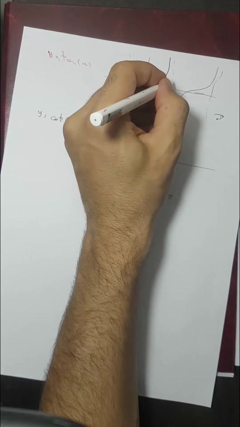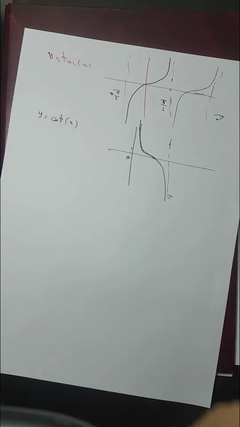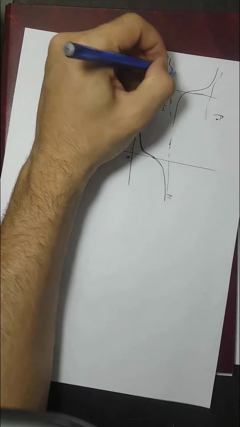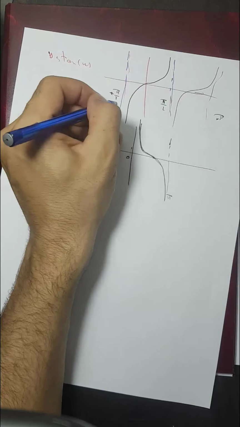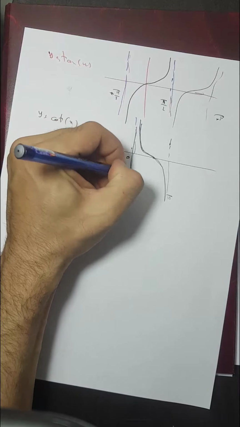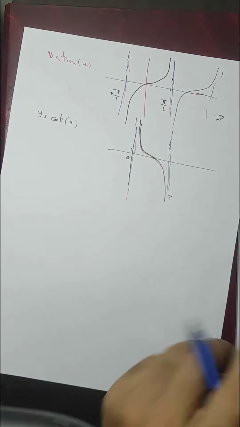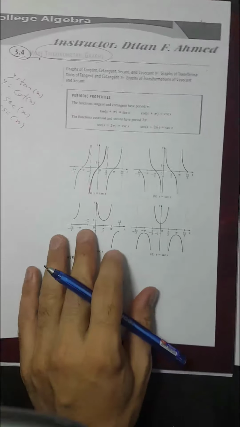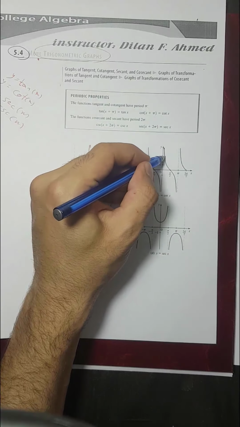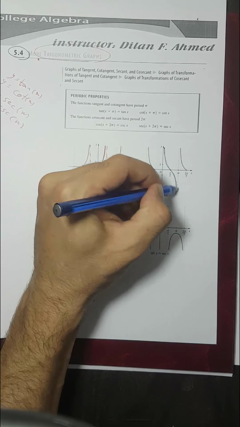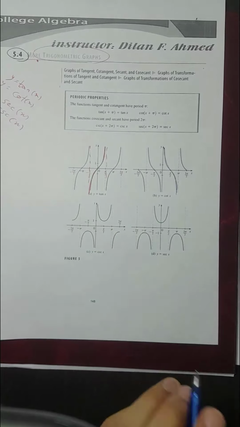So the asymptotes for tan are minus pi over 2 and pi over 2. How about here? For cotan they are 0 and pi. So you can imagine here it is 0 to pi. That's all, dear.